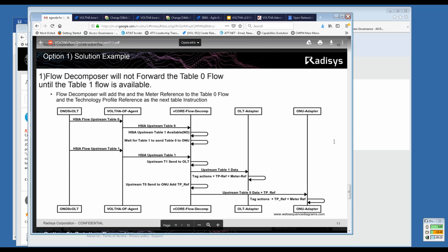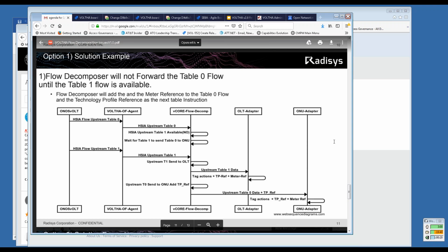Back in the day, in the OpenFlow 1.0 days, when there used to be only a single table, a single table was nice and simple and powerful, but there was also the possibility that you could have an explosion of flow rules.